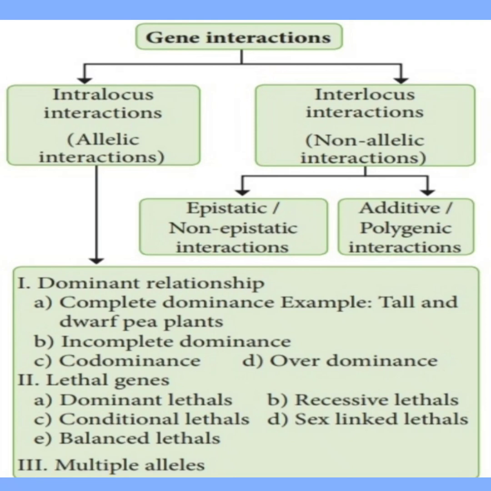Lethal genes are of different types like dominant lethals, recessive lethals, conditional lethals, sex-linked lethals, and balanced lethals. The interlocus interactions are called the non-allelic interactions. They may be epistatic or non-epistatic interactions, and they may be additive or polygenic interactions.